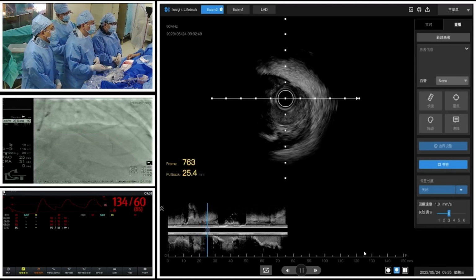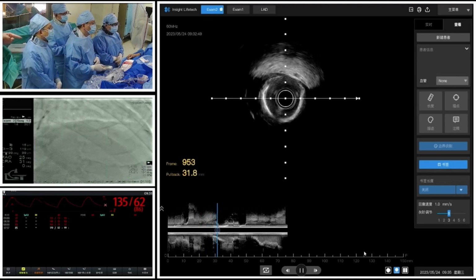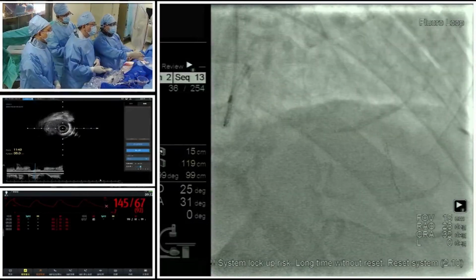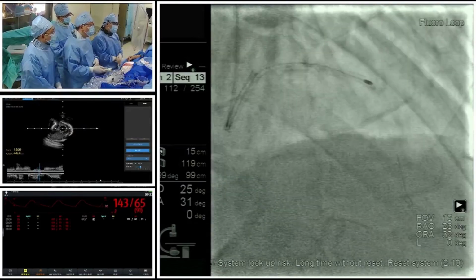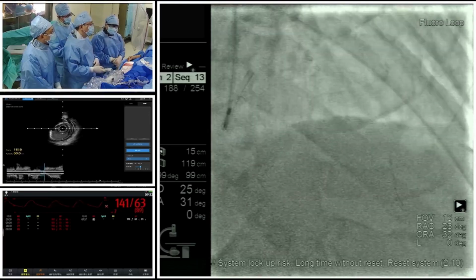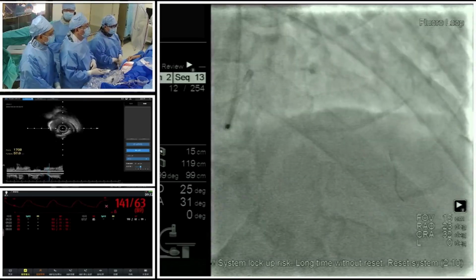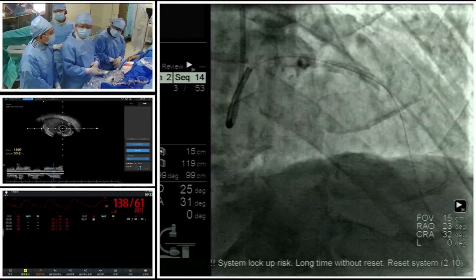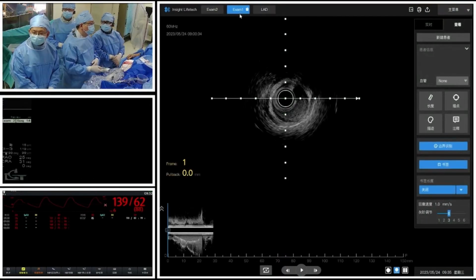And after the RA, the intravascular ultrasound catheter can be successfully delivered to the distal of the lesion and complete the first intravascular imaging. Mhm. So please show us the IVUS image after the use of rotational atherectomy.